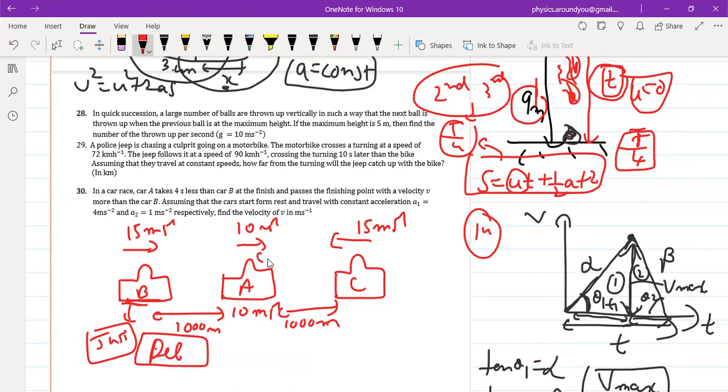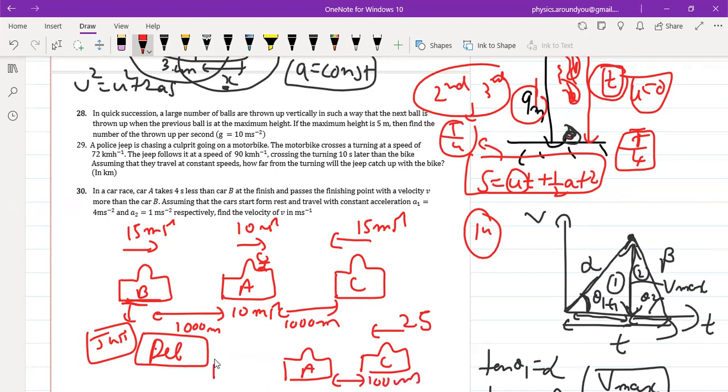If I am sitting on top of A, how will I see C coming? C would be coming towards me at 25, because in opposite directions velocities add up, and the distance is 1,000.